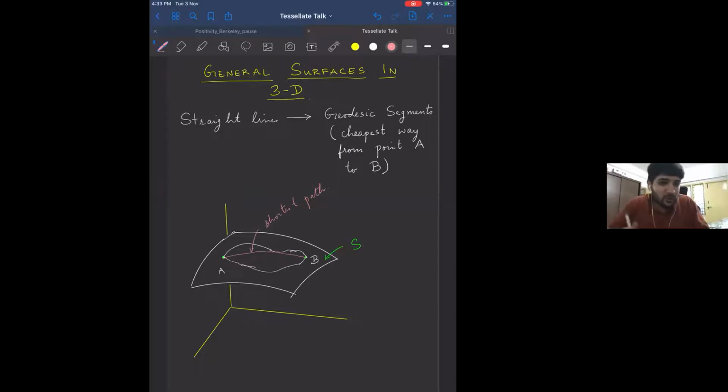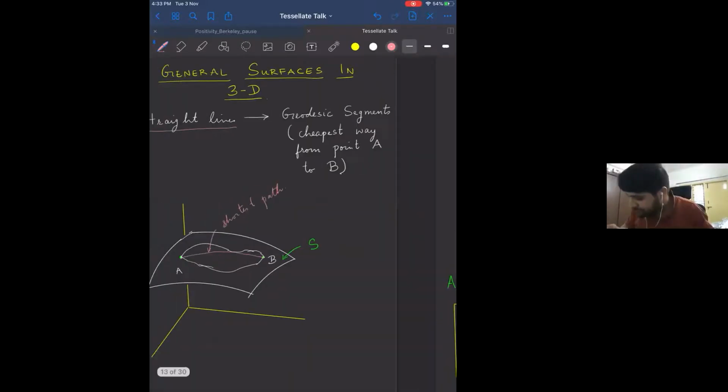If somebody didn't come from outer space and tell you that you're actually traveling in a curved path in 3-dimensional space, for you that path would just be a straight line. So the analogs of straight lines when we are working on surfaces are basically these cheapest ways of going from one point to the other.